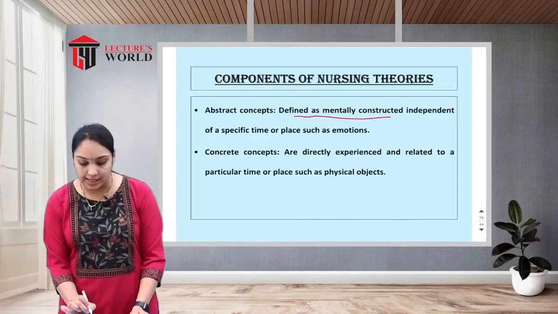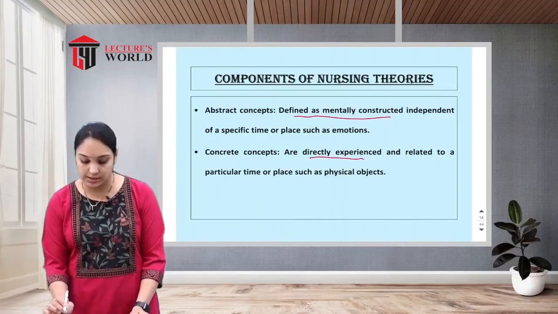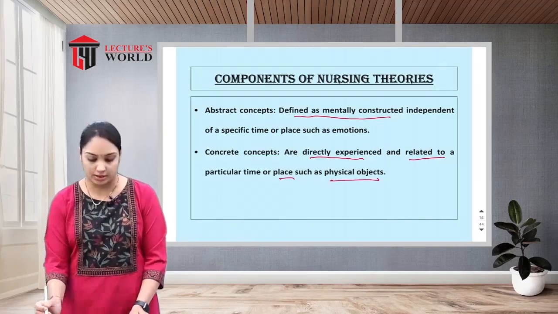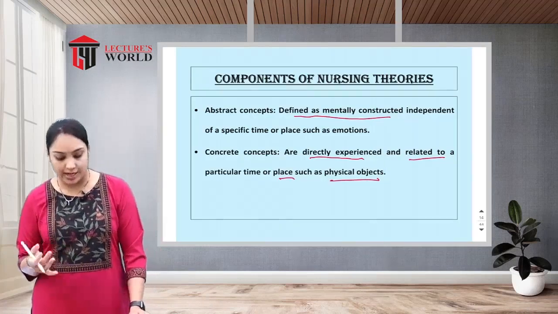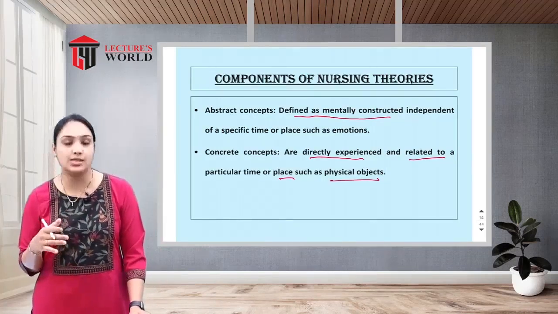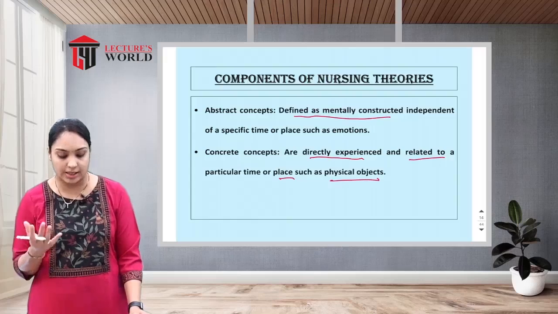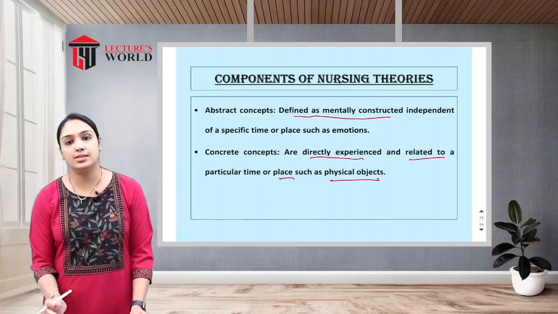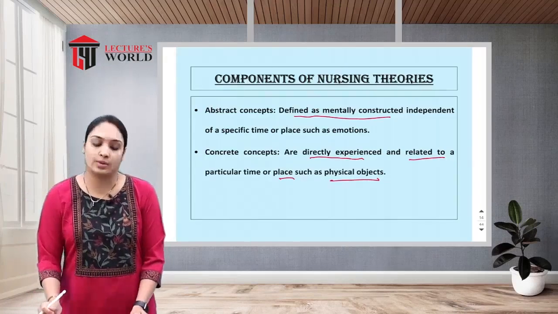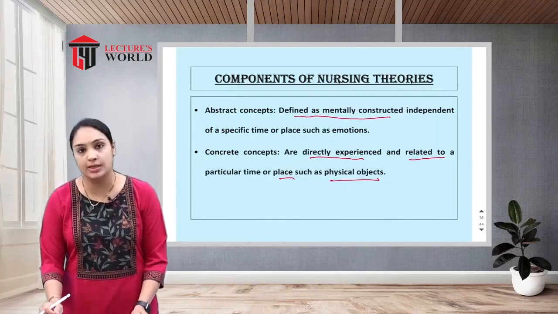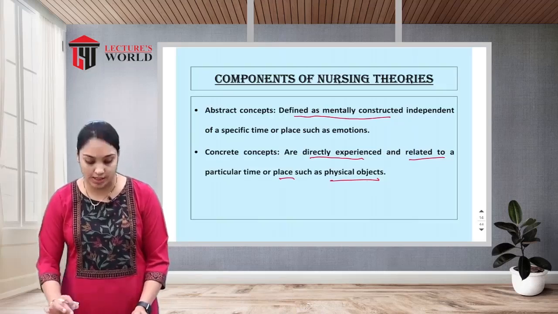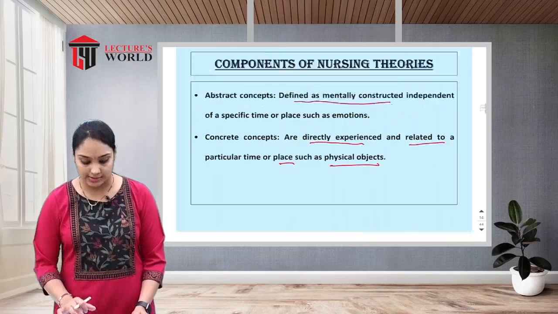Concrete concepts are directly experienced and related to a particular time and place, such as a physical object. So concrete concepts we directly experience, while abstract concepts are mentally constructed. These are the two types of concepts present during the development of theory.